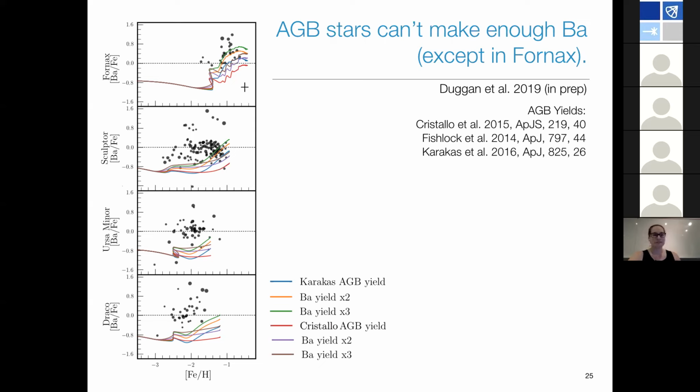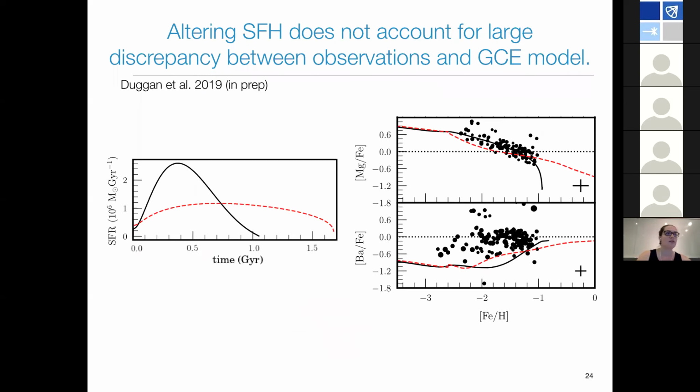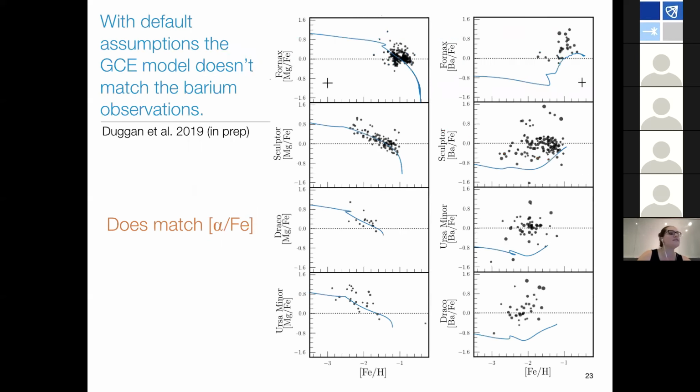So what is the yield you assume for neutron star mergers? At the moment, this has no yield at all from neutron star mergers. In the previous plot, when you were trying to explain it, you wanted to change the yield from neutron star binaries to match the observations? Oh, I haven't done that yet.